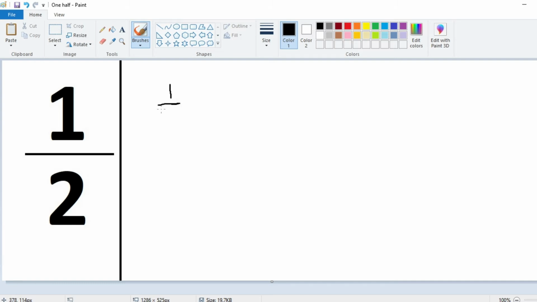So 1 divided by 2 can also be written as 1 divided by 2.